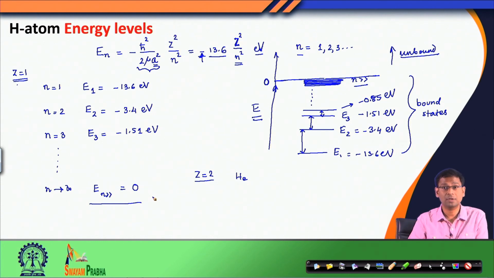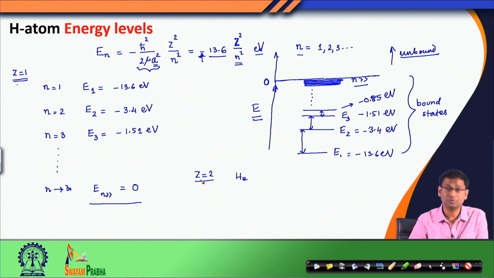Since we have not considered that electron repulsion term, we cannot extend this solution to any system which has more than 1 electron. In other words, all the results that we are getting are applicable to a system where 1 electron is going around in the central field of a nucleus of Z charge.